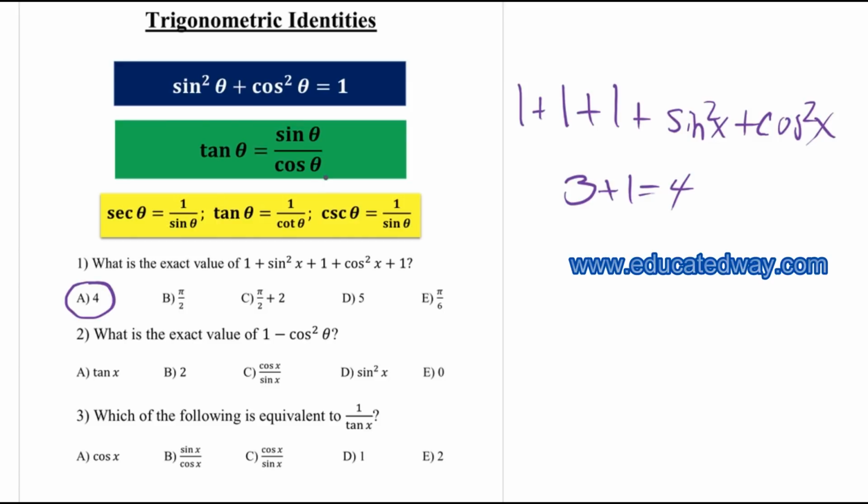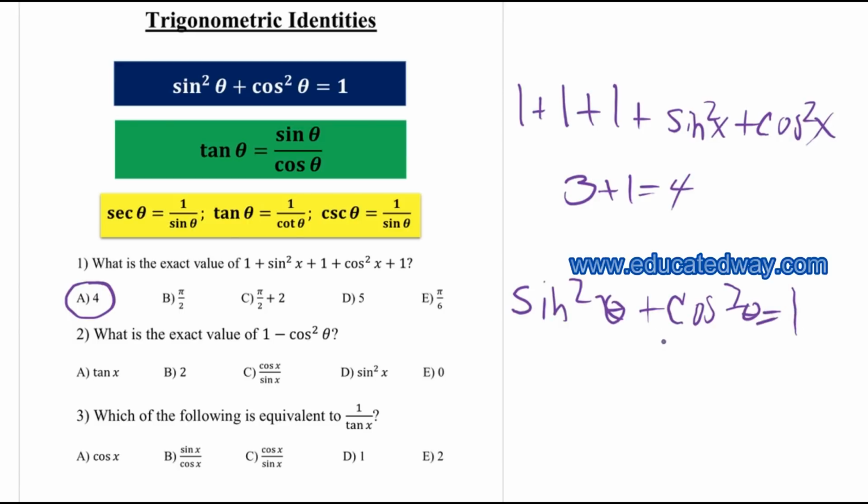Number 2. What is the exact value of 1 minus cosine squared theta? Well, let's use that same identity that we did in the last question, and that should help us get the answer. So writing out the identity, sine squared theta plus cosine squared theta equals 1.